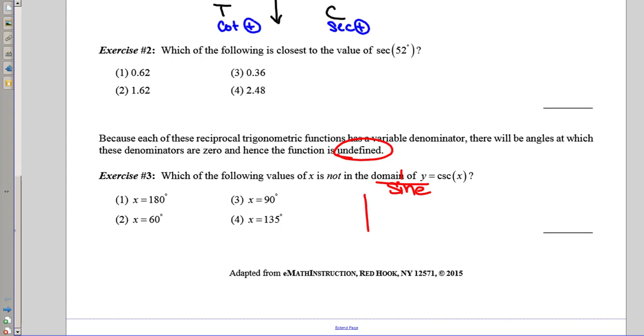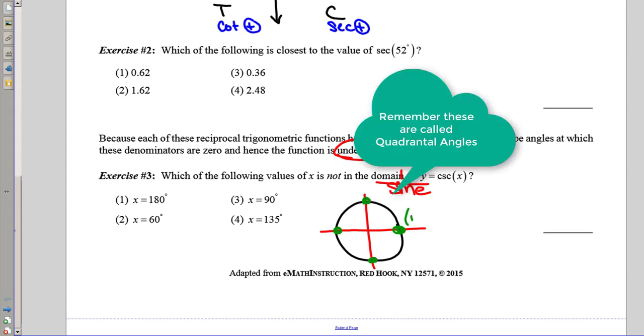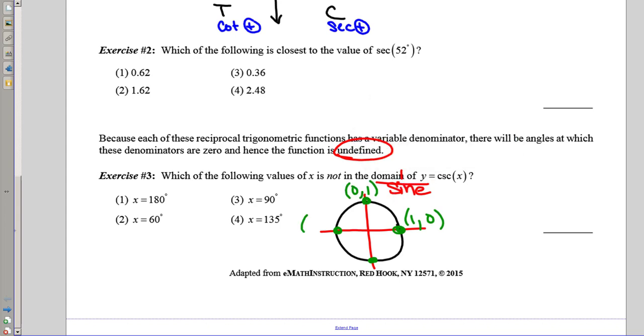That's the question. Okay, so we're going to remind ourselves we got our little unit circle. Okay, and then we know that we have these coordinate points. So that's the point 1, 0. This is the point 0, 1, negative 1, 0, and 0, negative 1. Okay, remember, sine is your y value.